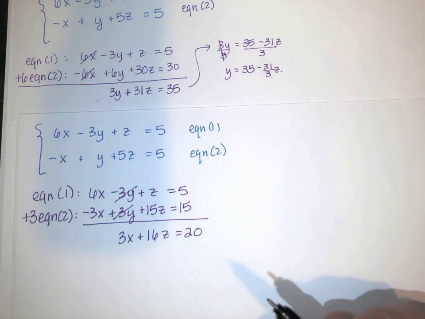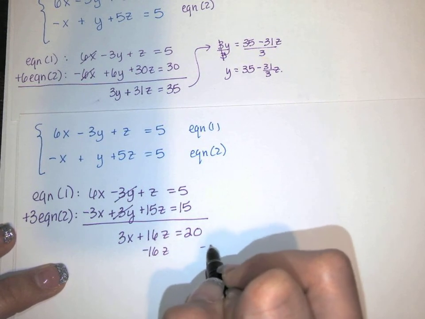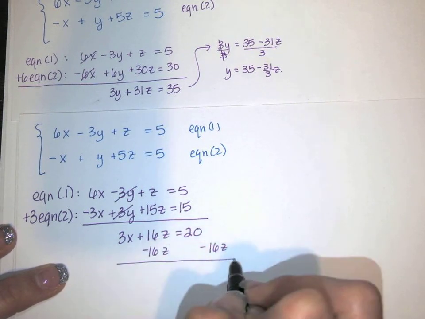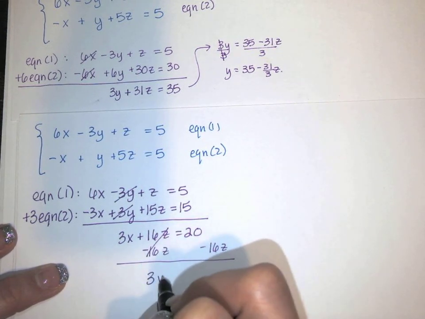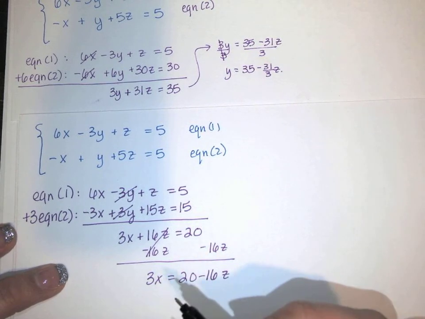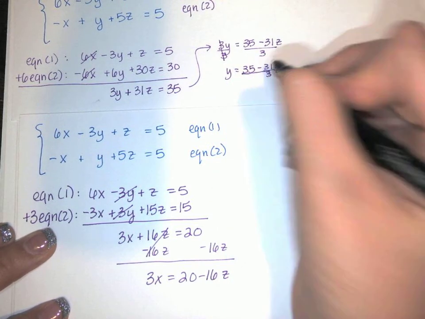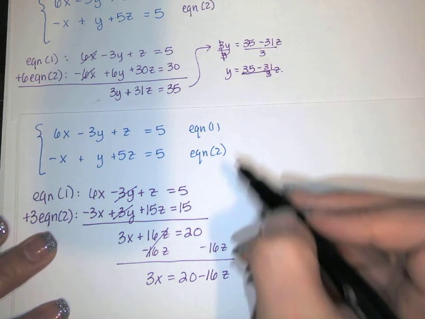And we can solve this for x in terms of z. So we subtract 16z from both sides. And we get 3x equals 20 minus 16z. And then we can, oh, somehow I missed that 3 dividing that 35 over there. Sorry, guys.